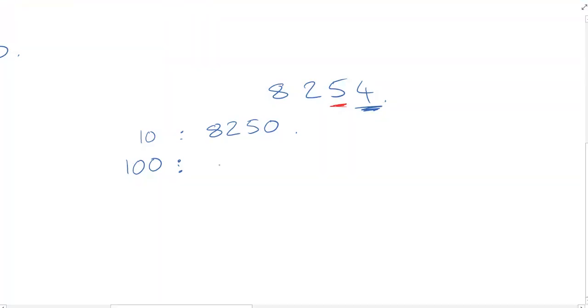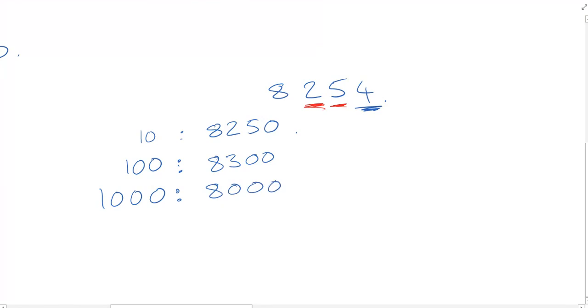So therefore, that's going to be our answer, 8,300. And then finally, to the nearest 1,000, we've got a choice between 8,000 and 9,000. The number to think about is this 2. That's telling us we're closer to 8,000 than 9,000. So we're going to write 8,000 there.